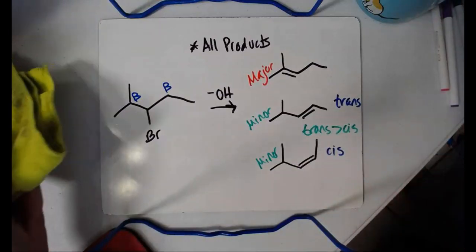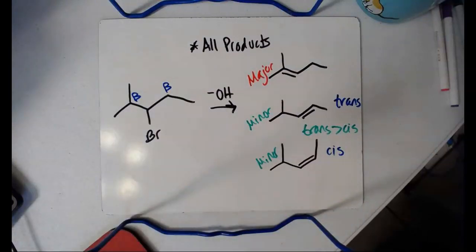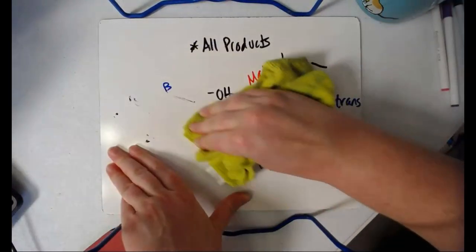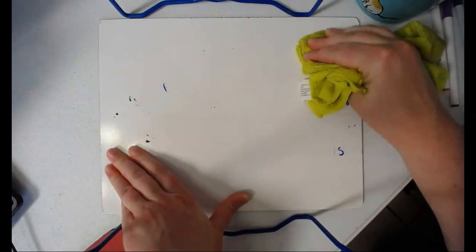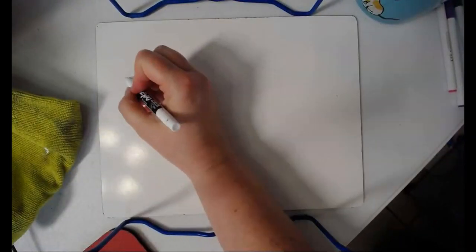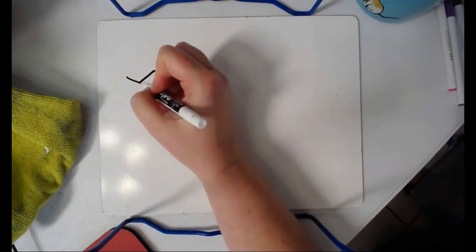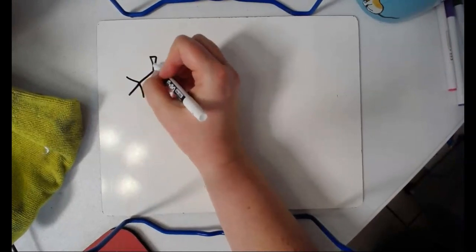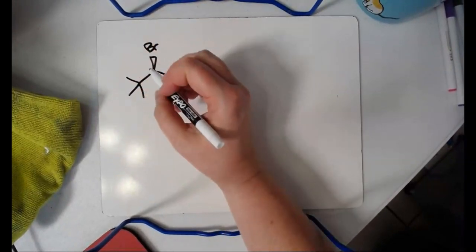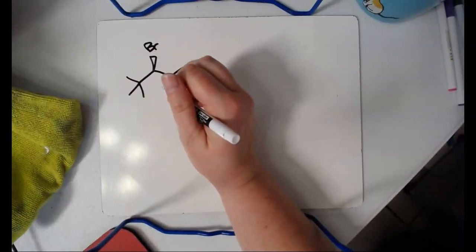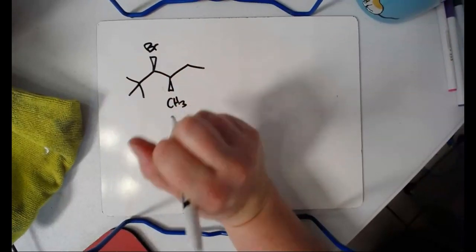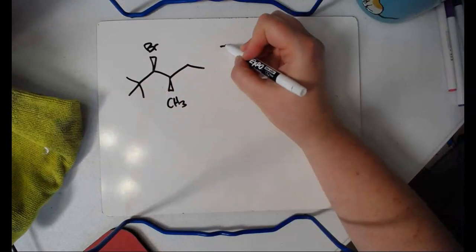So these are actually in order from most to least. All right, let me erase our little board here, and then I'm going to give us another example to work with where we're going to have to use our anti-periplanar new information. So we have this substrate that has a bromine leaving group attached to it.